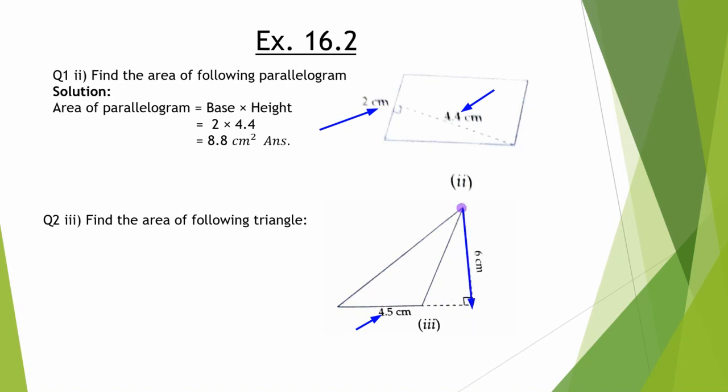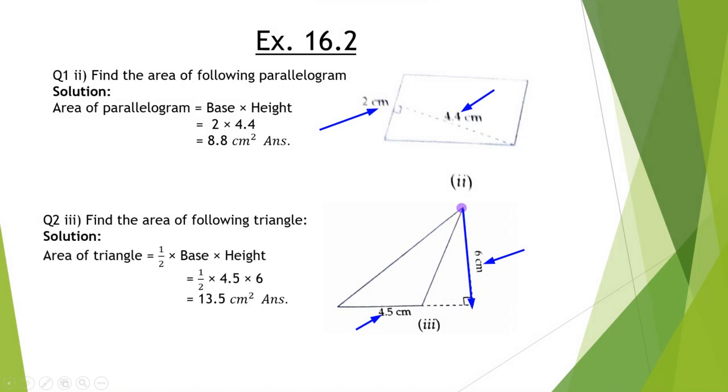That is why 6 centimeter is the corresponding height. If we apply the formula, we get area of triangle equal to half into base into height. Base is 4.5, so half into 4.5 into 6 is 13.5 centimeter square.